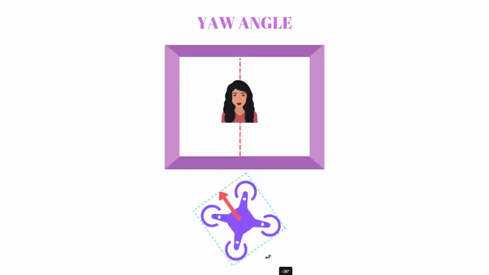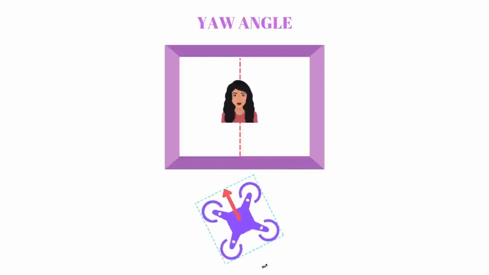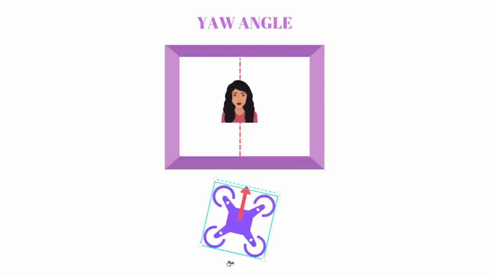This method is known as PID. I will not go into the detail of how PID works more than this. I think this is a very basic explanation that will give you a basic understanding. But if you want to learn more about PID, it's basically proportional, integral, and derivative. These are the terms. It's a type of controller that you can use.